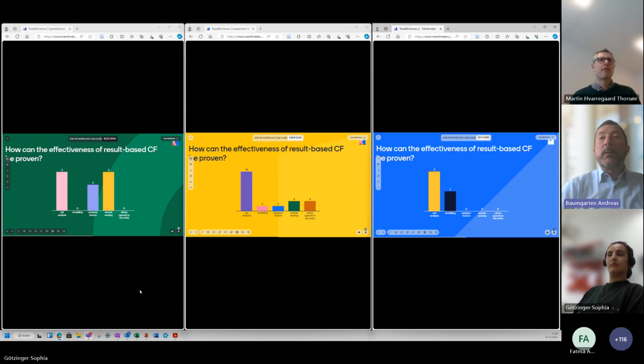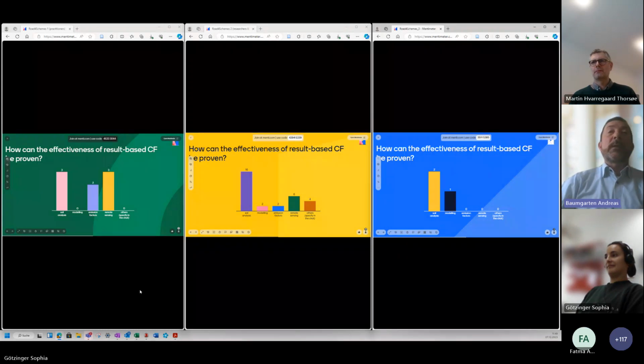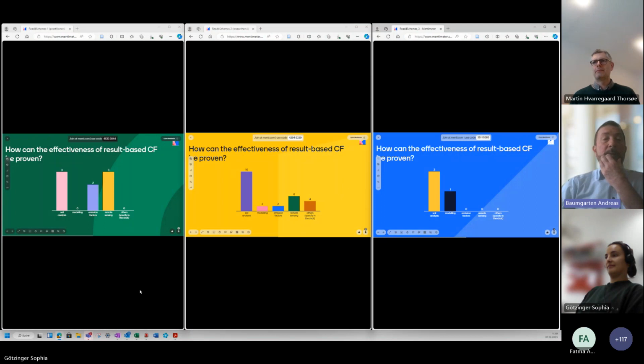And for the administration and policymakers, unfortunately, only 3 answers. However, the soil analysis is in favor. And secondly, there is modeling. And remote sensing is also in second place with respect to the research group.